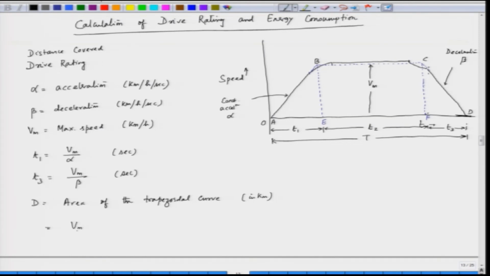d is equal to Vm into half T1 plus T2 plus half T3.